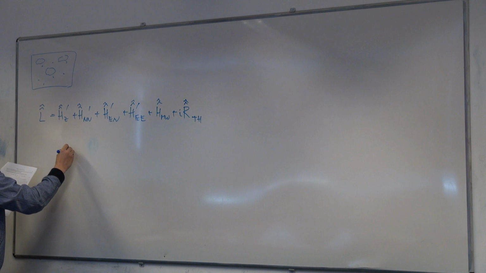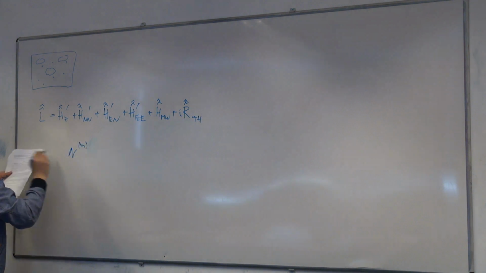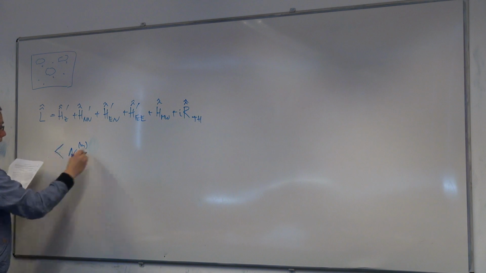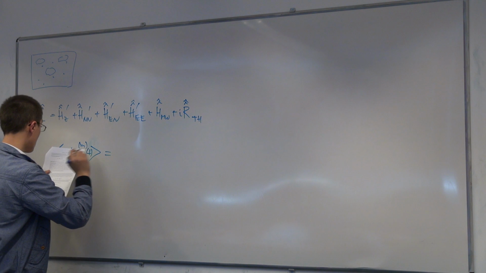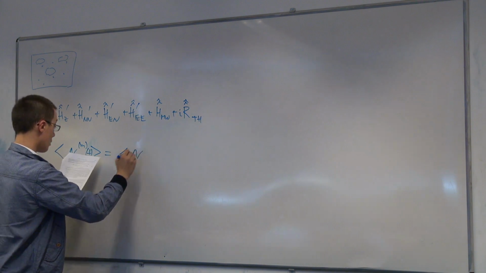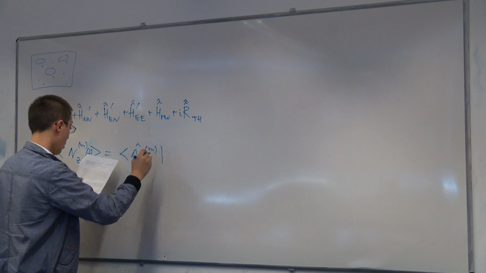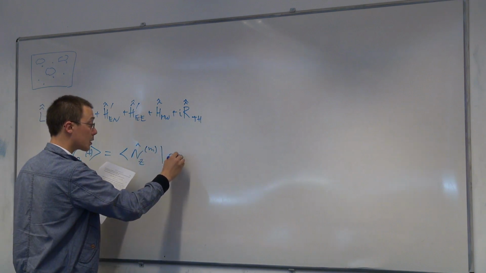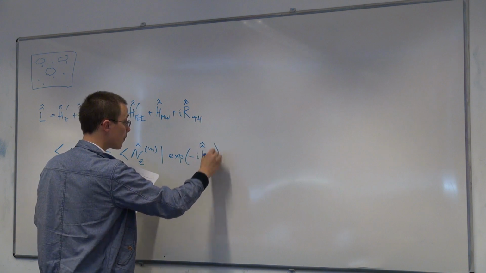And well, if we require time dynamics under this Liouvillean, then the magnetization of the nth nucleus as a function of time would just be the projection onto the corresponding operator of the same nucleus of a matrix exponential. The Liouvillean is now time independent, so we can do it.